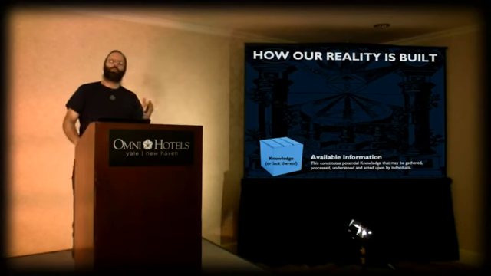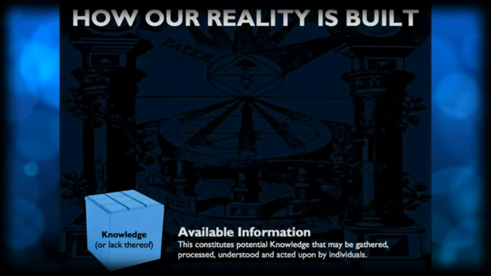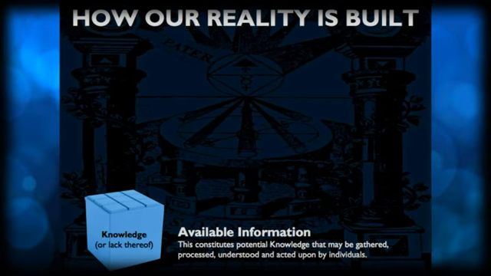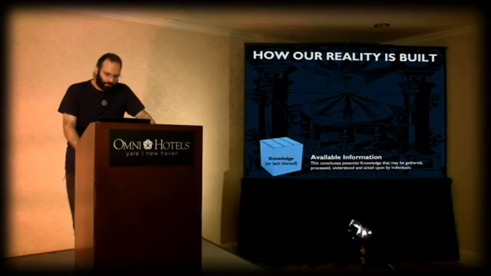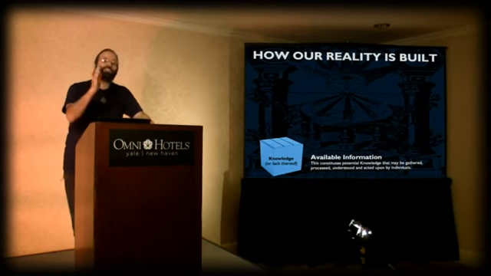So we start with available information. And when people look at what I'm going to describe here, they will recognize it as something. And I'll hold what that is for a moment. Available information is what you're starting with. This constitutes potential knowledge, and it can become knowledge if it's taken in, if it's amassed, if it's aggregated, okay?